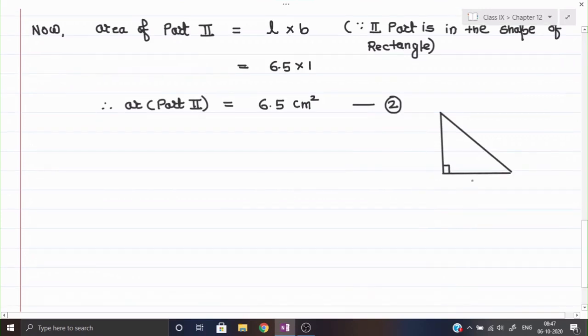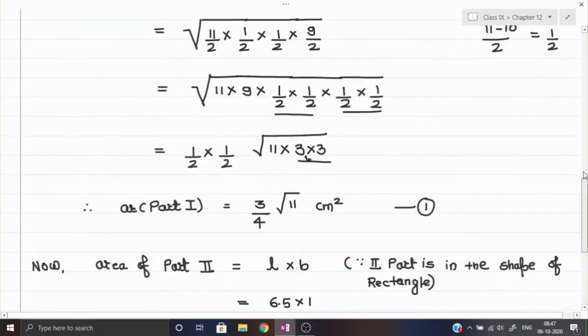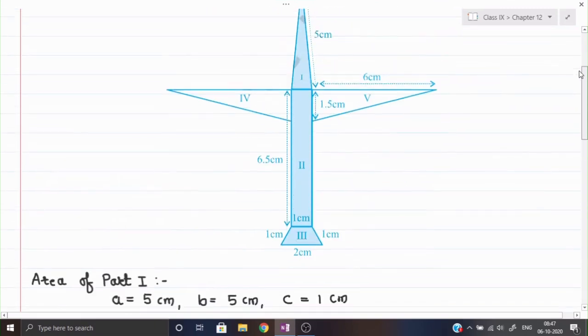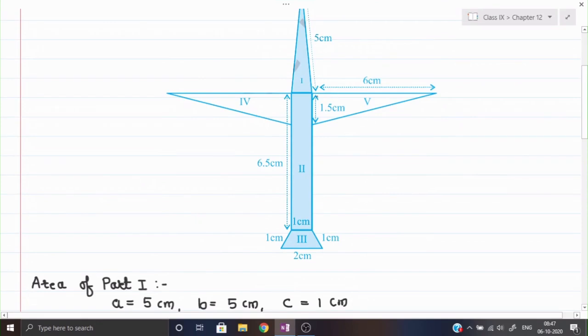As you can see in the figure, this is your perpendicular that is given to us.